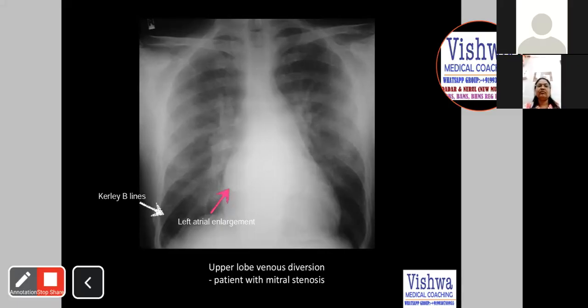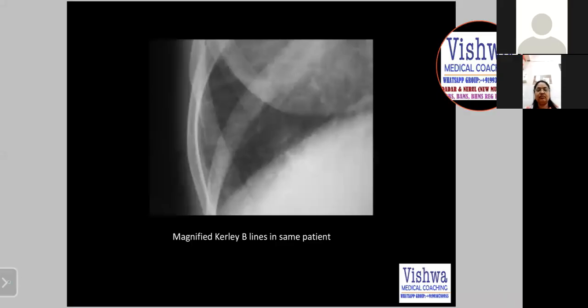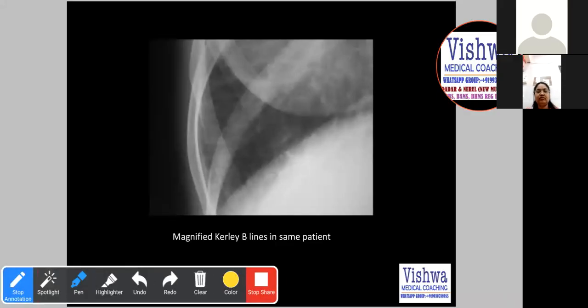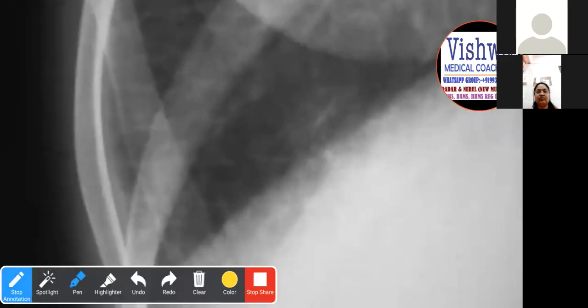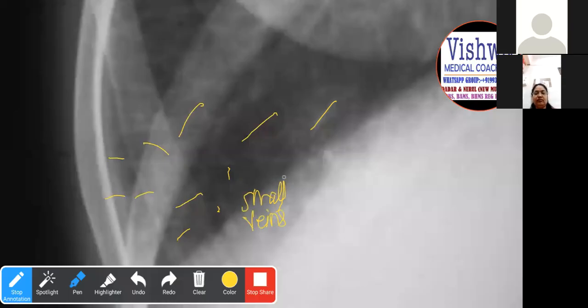And take the image right now. We can also see magnification of curly B lines in the same picture. I don't think it will be seen properly in an X-ray here. Let me dilate it. Yes, you can see there are white shadows, white shadows, white shadows. All those white shadows are actually small veins which are dilated.